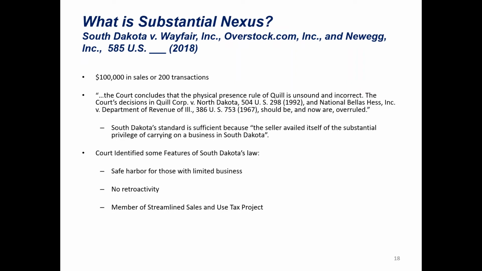They had established this second bright line standard, similar to what was a bright line in the physical presence. And it acknowledged that the statute was going to be questioned or challenged by the former cases in Quill and National Bellas Hess. And they had actually initiated a declaratory judgment against these defendants to prospectively look at this issue and make that issue move forward.